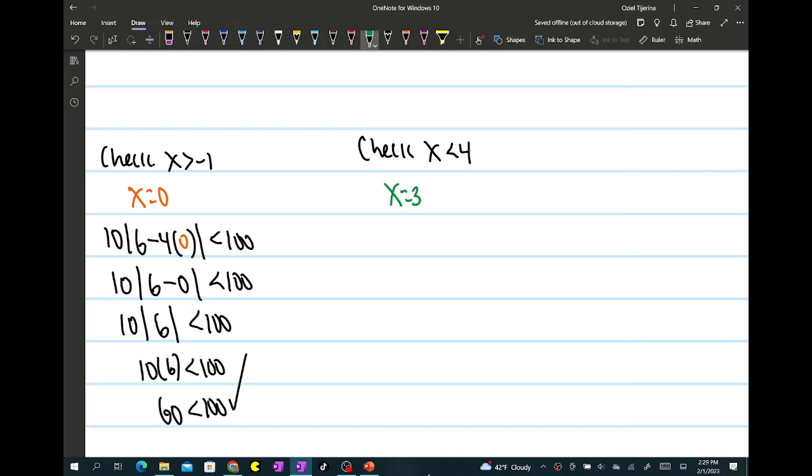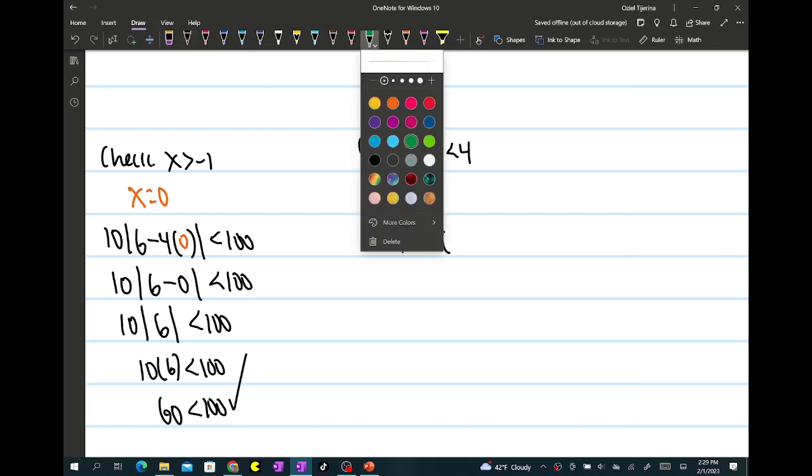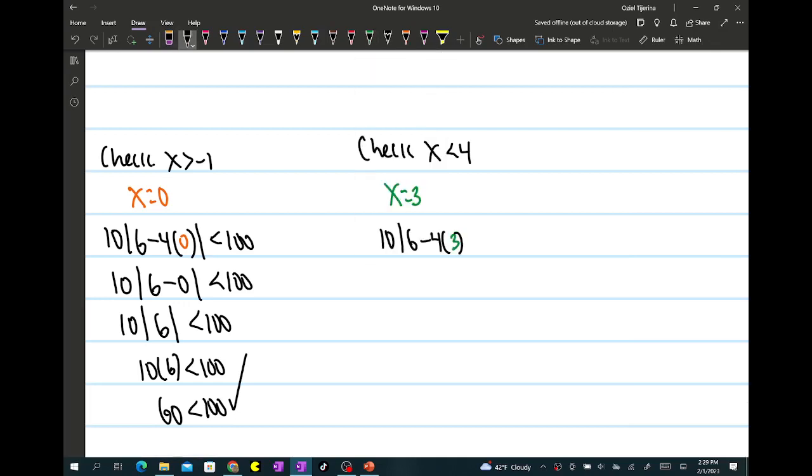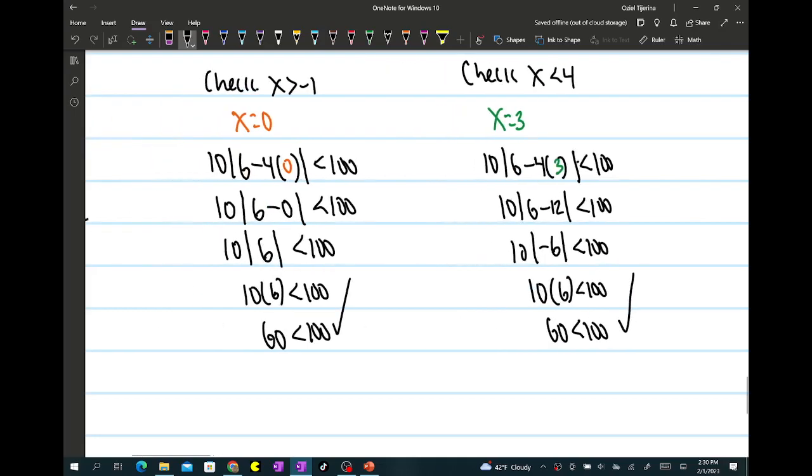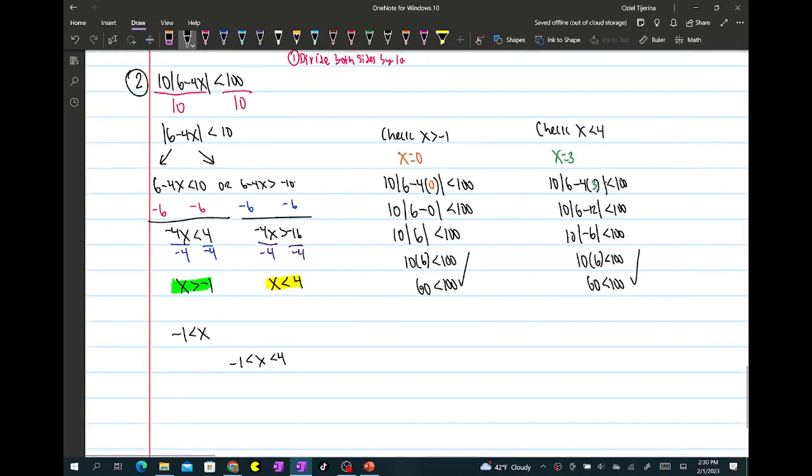So when I do that, I get 10 times the absolute value of 6 minus 4 times 3 is less than 100. Then this will give me 10 times the absolute value of 6 minus 12 is less than 100. And then 10 times the absolute value of negative 6 is less than 100. I get 10 times 6 is less than 100. So then 60 is less than 100, and that is the answer for that one, right?